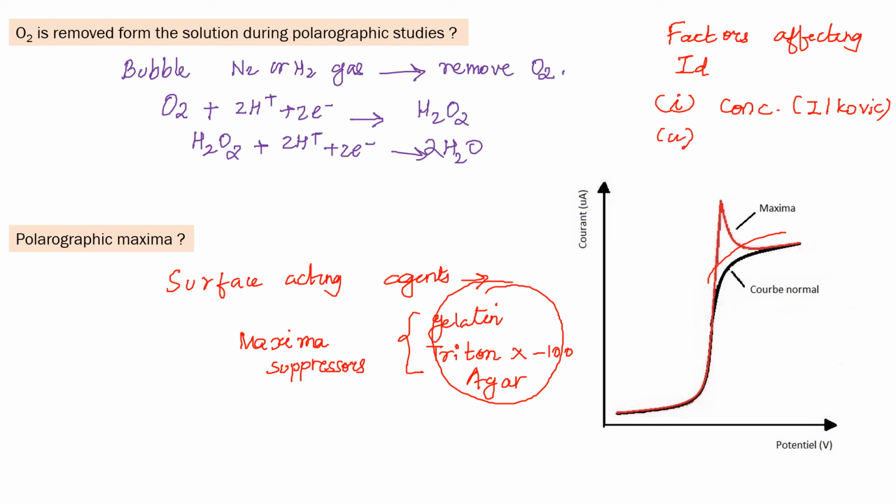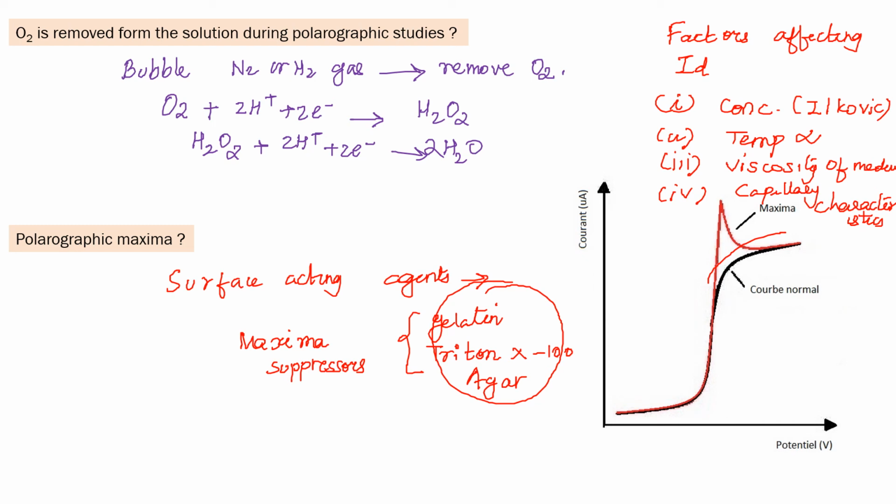The second one is temperature, and it is directly proportional to temperature. Third one is viscosity of the medium. And the fourth one is capillary characteristics of the medium. So these are the 4 different factors on which ID depends.